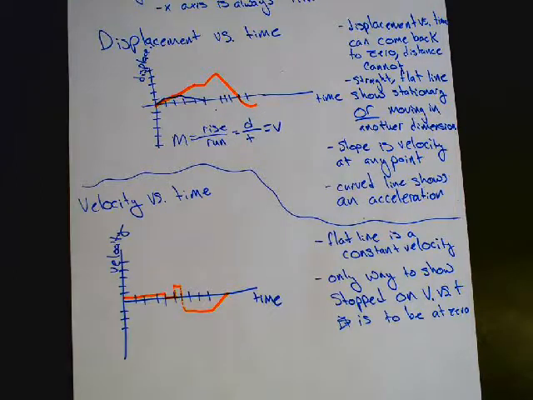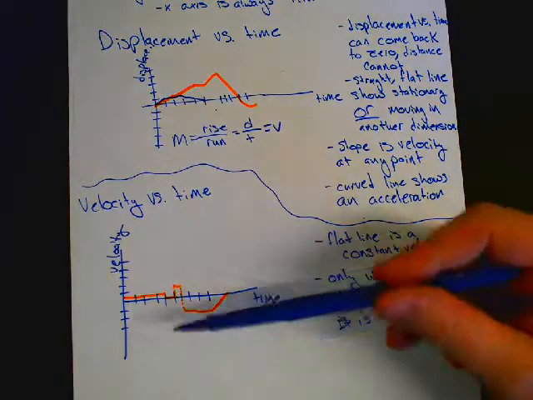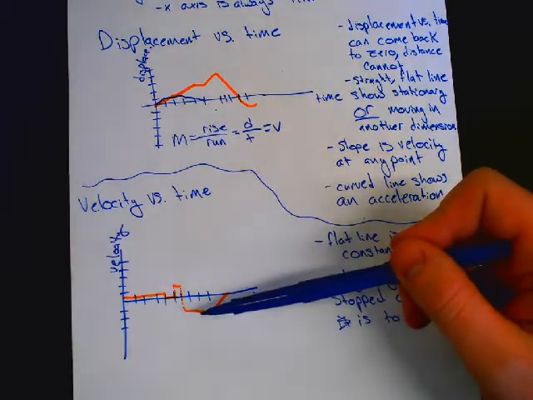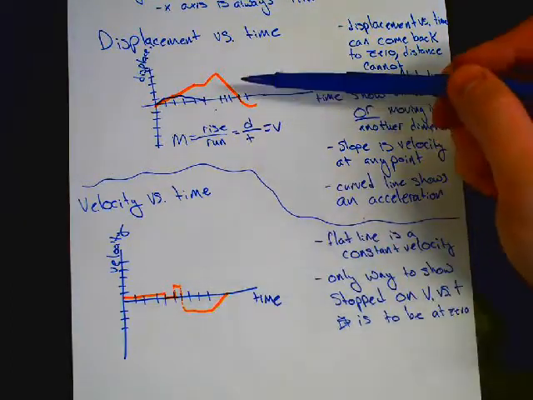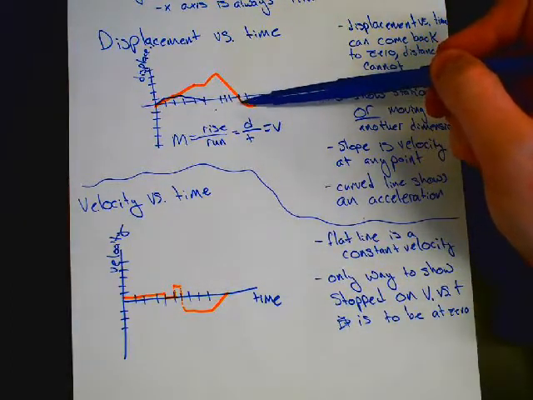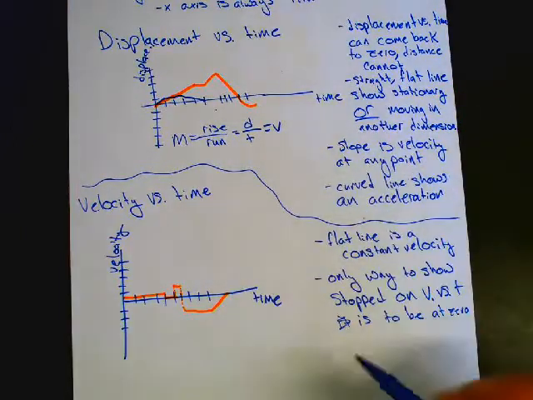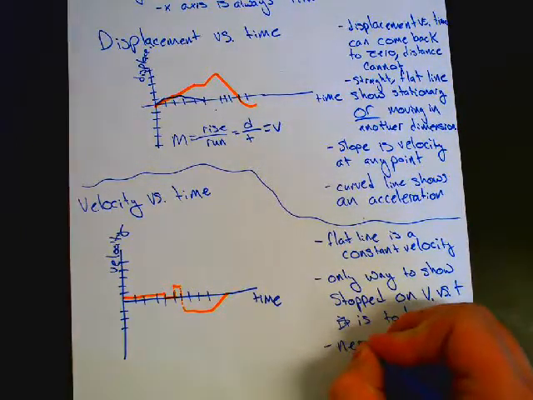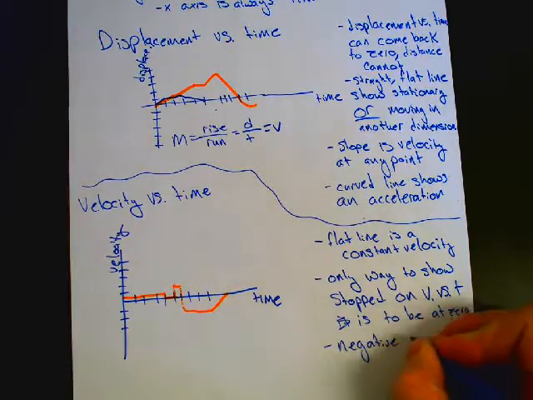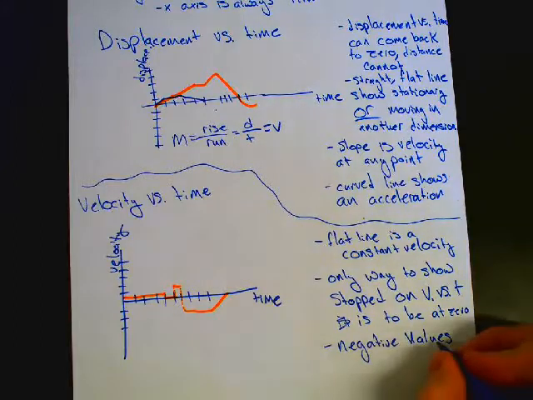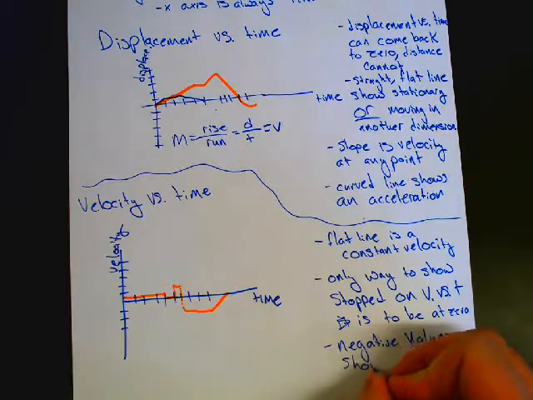When we talk about a velocity versus time graph, a negative value means I'm moving in the opposite direction. Just because I had a negative value up here didn't mean I was moving in a certain direction. Here it does. Negative values show motion in the opposite direction.